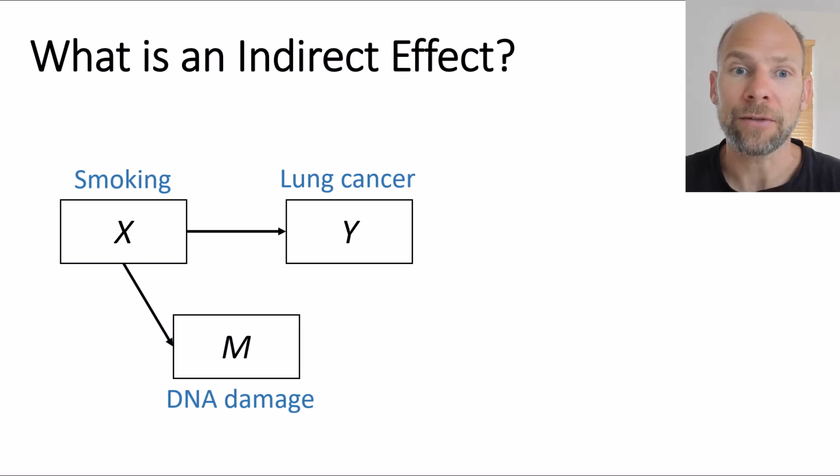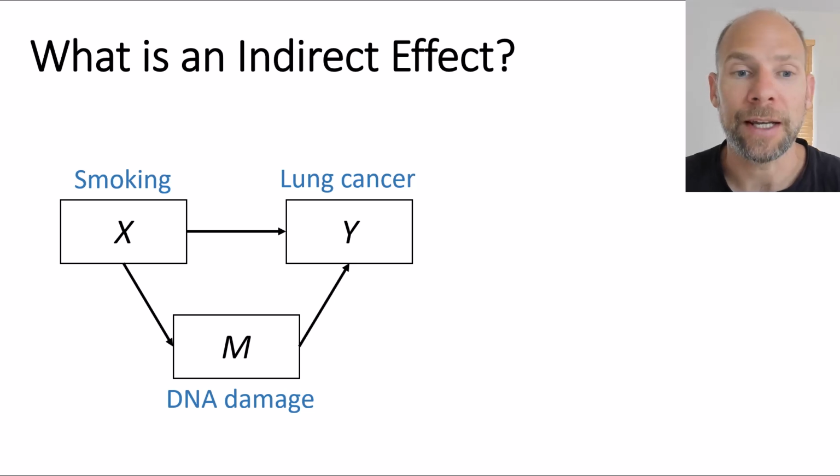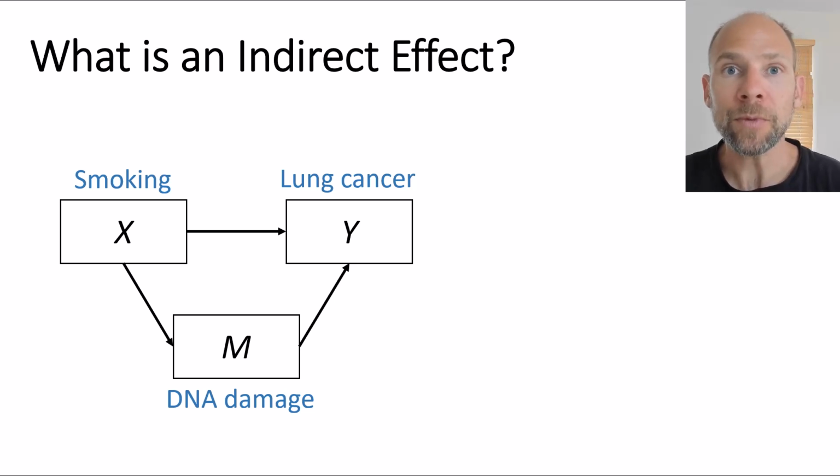So the effect of smoking on lung cancer therefore is an indirect one via the damage of DNA. And so we have a mediator variable here, M, which is DNA damage. So smoking causes DNA damage as an intermediate variable, and then DNA damage is the variable that is more directly related to the development of lung cancer.